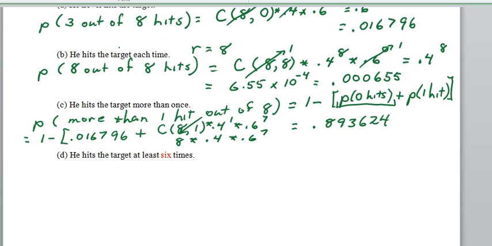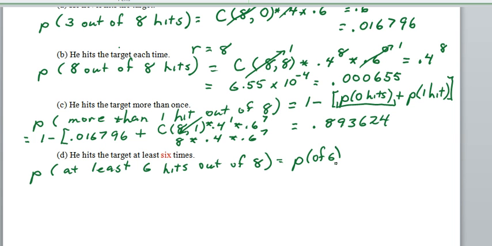The last part of this question is the probability that he hits at least 6 times. So the probability of at least 6 hits out of 8 would equal the probability of 6 plus the probability of 7 plus the probability of 8.